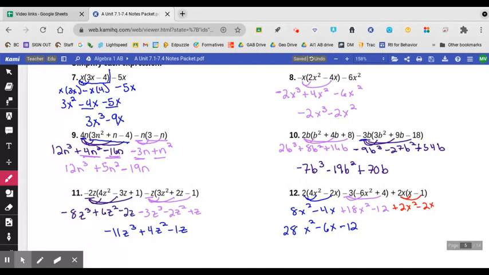Then combine like terms and I get negative 11z cubed plus 4z squared minus 1z. Number 12, I distribute the 2 to the first parenthesis, negative 3 to the second parenthesis, and 2x to the third parenthesis. Combine like terms, I get 28x squared minus 6x minus 12.